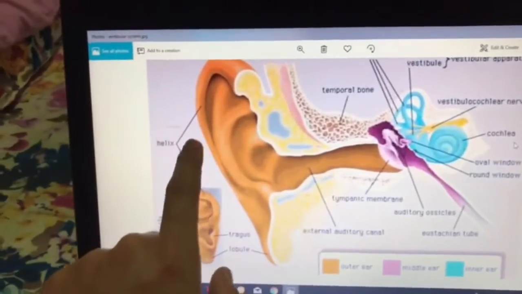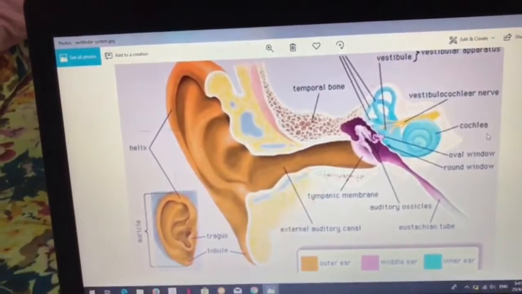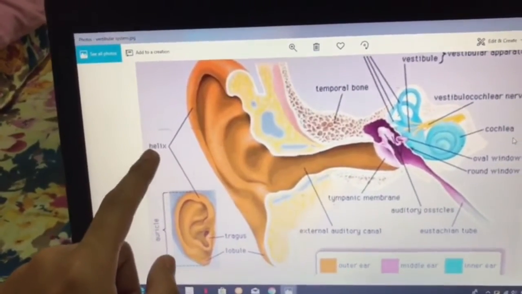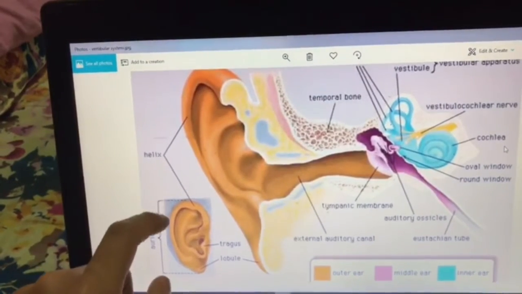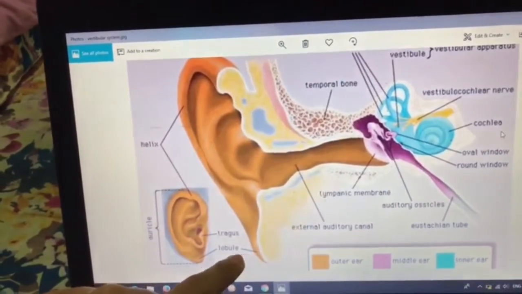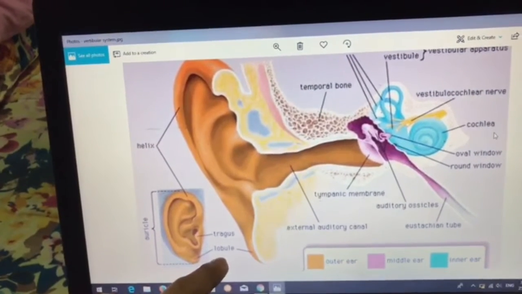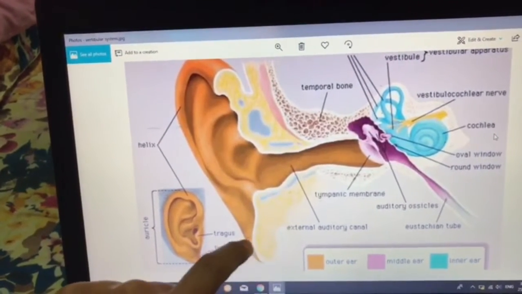If you can see here, the outer ear consists of three things. First is the helix, which is our outside ear, and it has two more: tragus and lobule. Lobule is at the bottom of the ear.